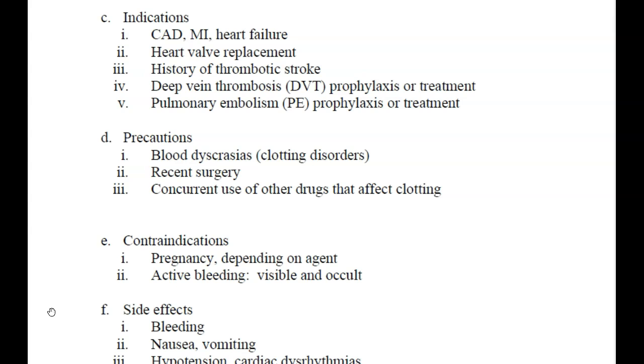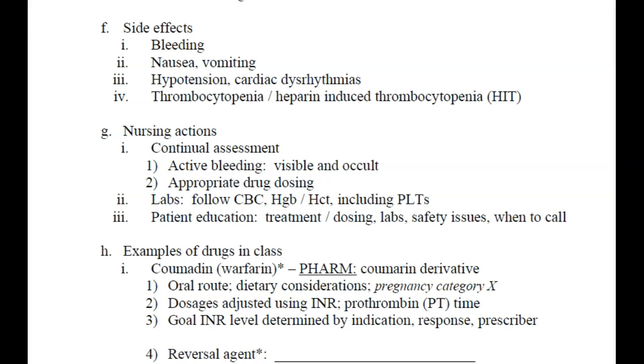Side effects of anticoagulants include bleeding, nausea, vomiting, hypotension, cardiac dysrhythmias, thrombocytopenia, and some patients can also develop HIT or heparin-induced thrombocytopenia. HIT is an immune complication of heparin therapy caused by antibodies formed after administration of heparin.